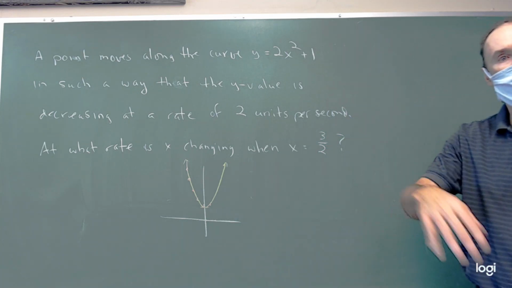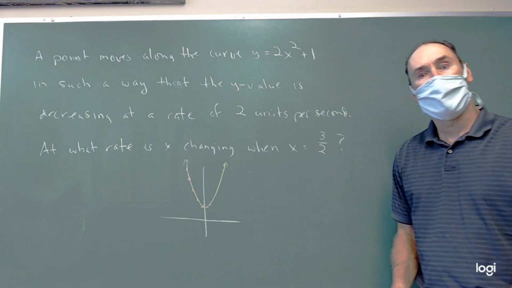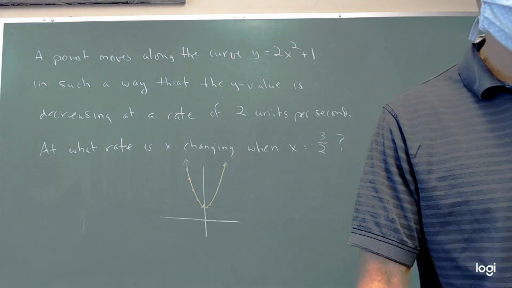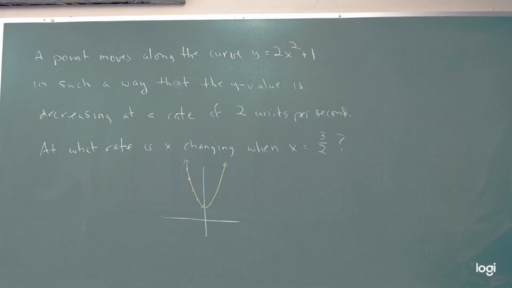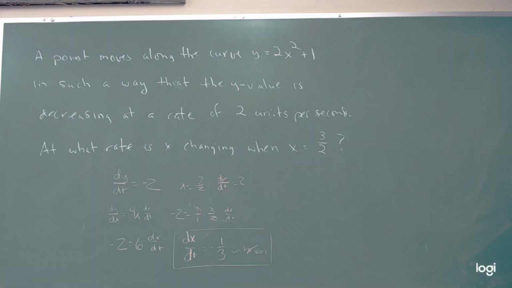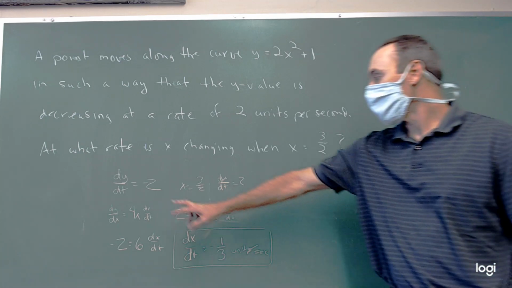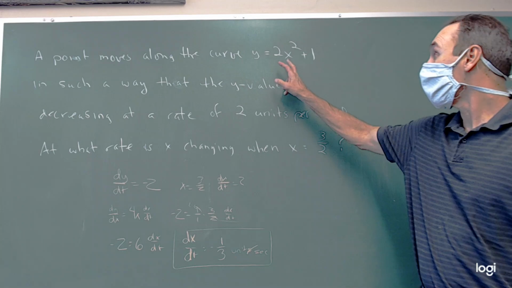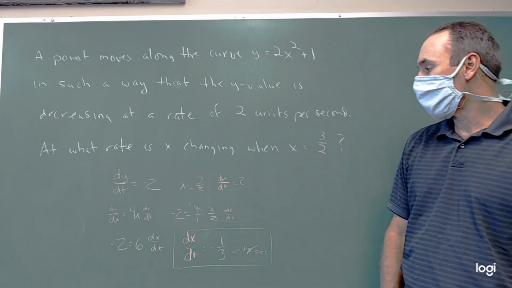Well, I don't want to take away any fun, so I'll let you take it from there. We can erase all that old stuff. So we know dy/dt is -2, and we start with y equals 2x squared plus 1.